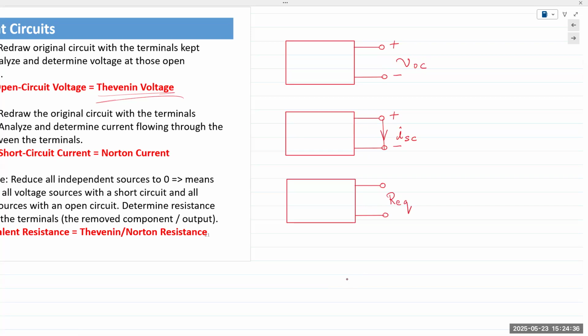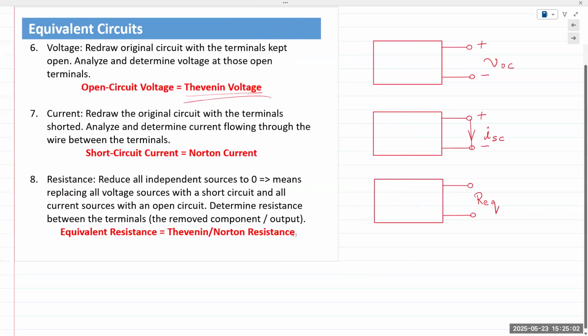If there's a voltage source or a current source in the circuit, they must be reduced to 0. We cannot measure resistance if there are any active sources in a circuit. They must be reduced to 0, which is something we already learned earlier for superposition. And that's the only thing we need to do for modification, and that would give us our Thevenin resistance.